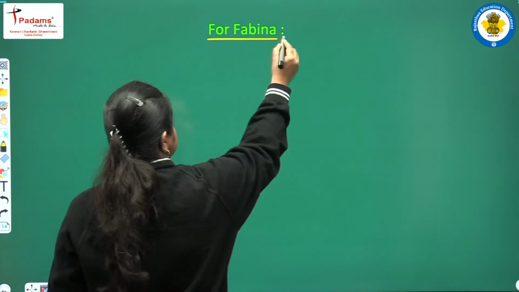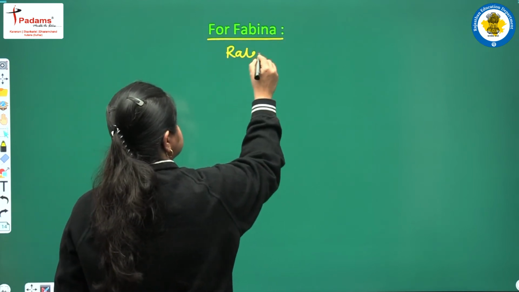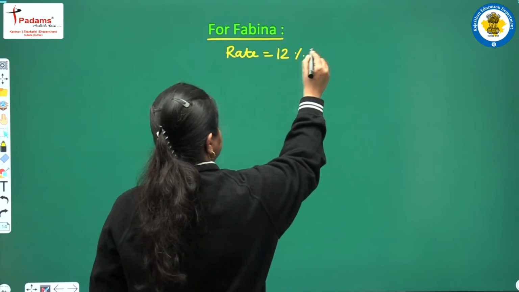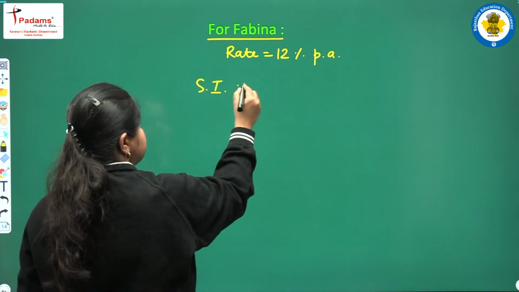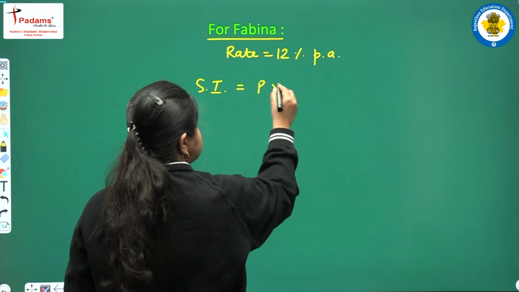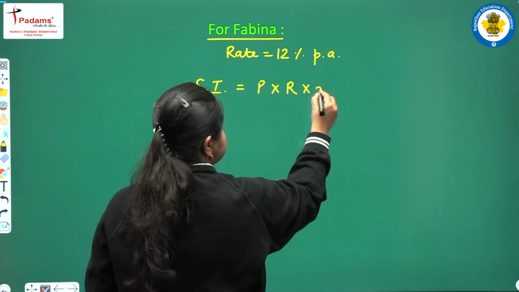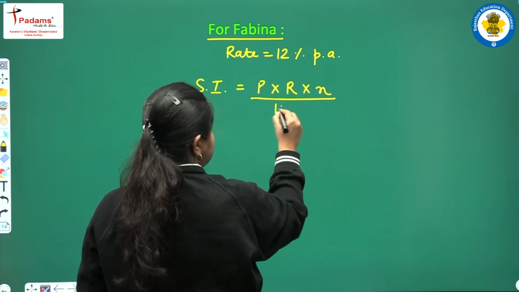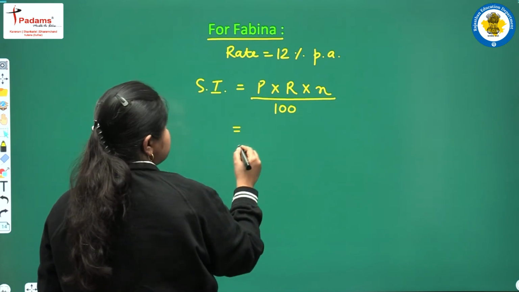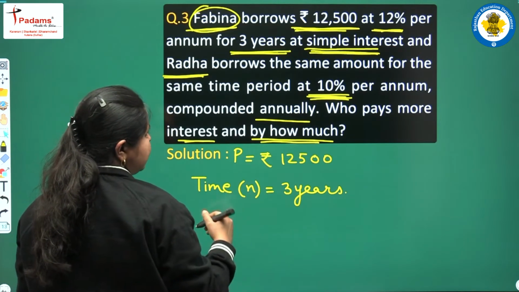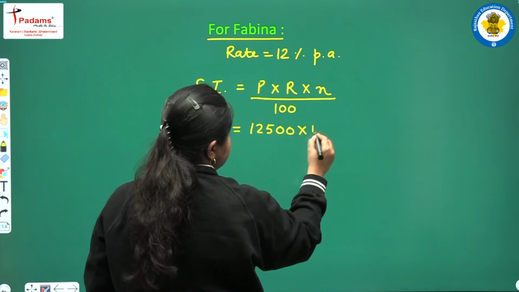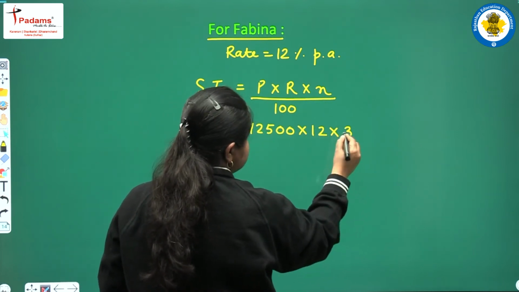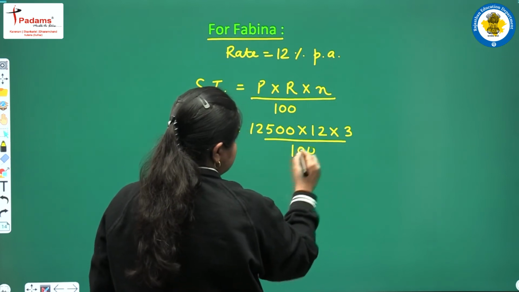For Fabina, rate is 12% per annum. And then the simple interest, it will be principal into rate into time, which we have taken as small n upon 100. Principal आपका है देखिए 12,500, rate हो गया 12 और time है 3 years upon 100.